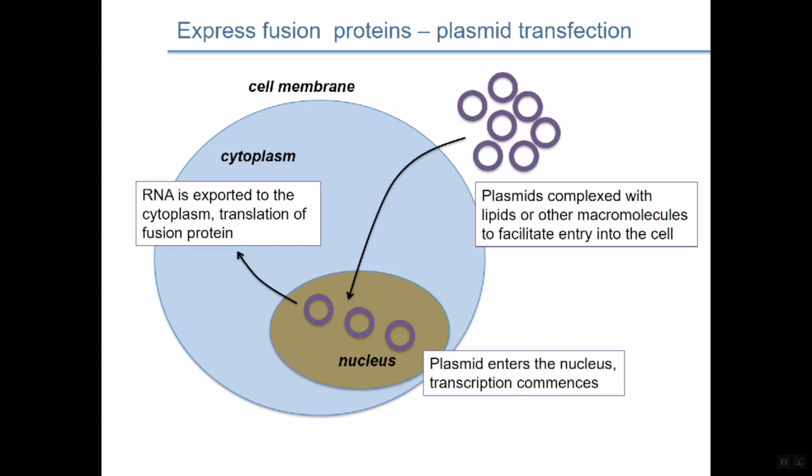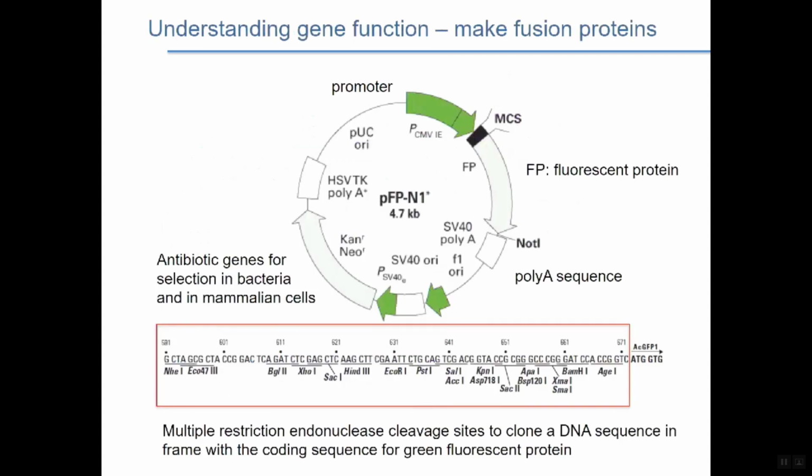In this case, it's a protein expression plasmid. What is interesting here is that it's got a fluorescence protein in there. It's got something in the sequence before where you would introduce your protein. What that means is that when you introduce that plasmid into your cells and it is expressed, it makes a fluorescence protein first, what we call a fluorescence tag, in addition to your protein of interest.